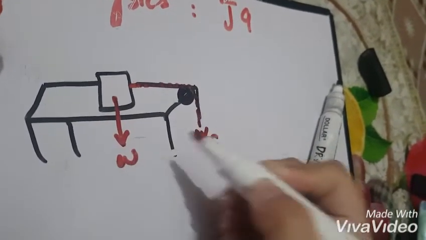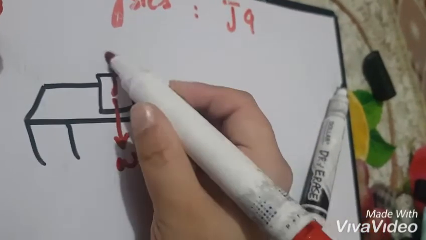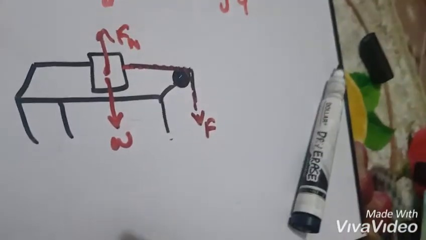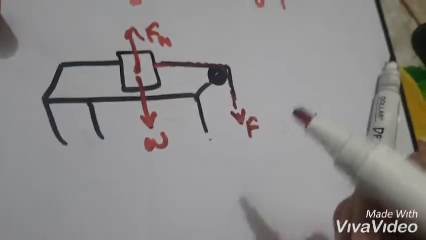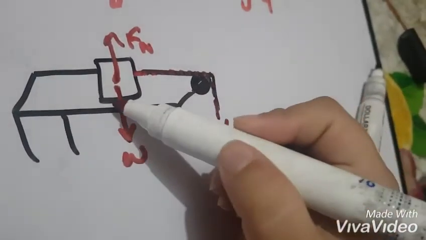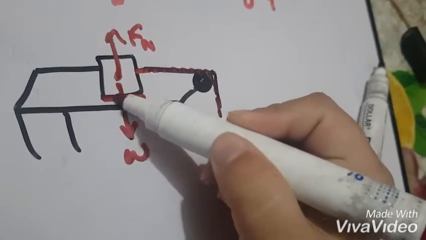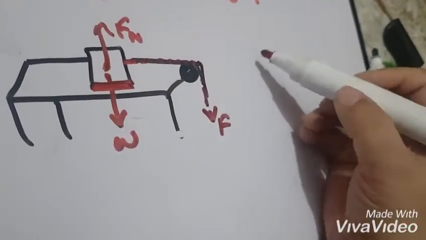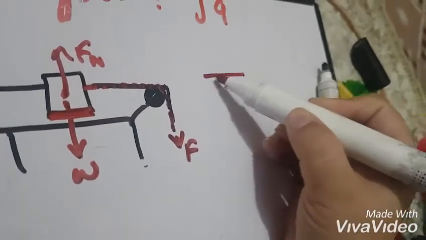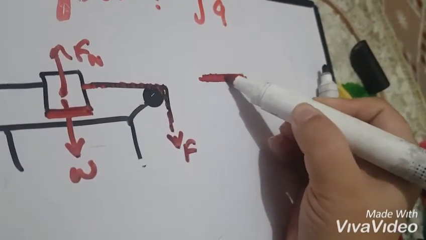The weight of the object will be directed downward, and the normal reaction force acts in the upward direction. The point of contact between these two objects is here. Microscopically, one object is like this, the other object is like this, so this is the point of contact.